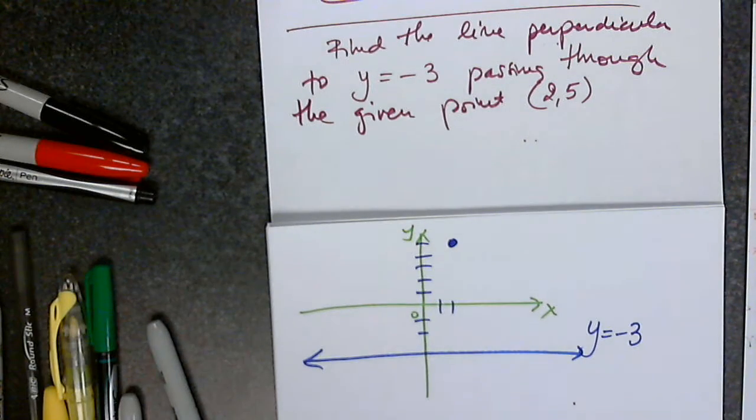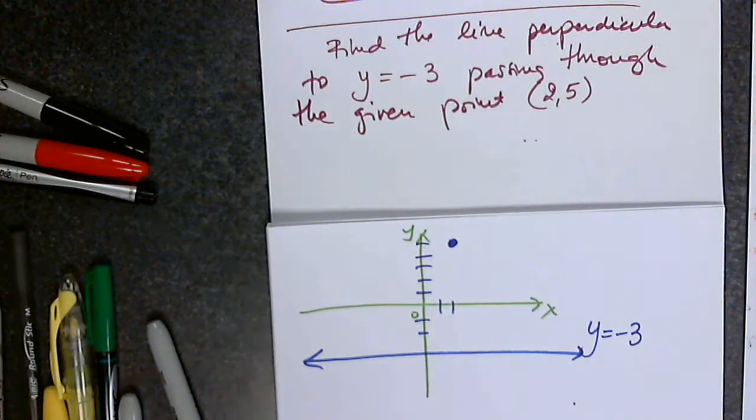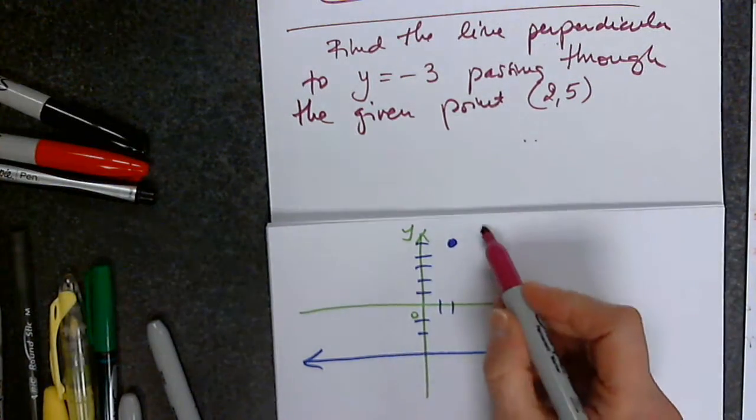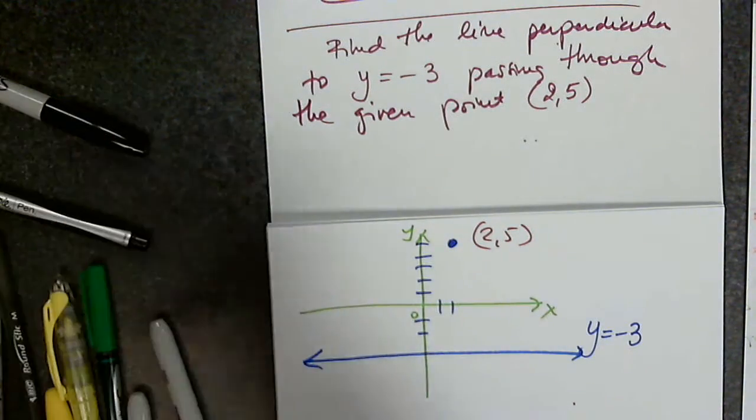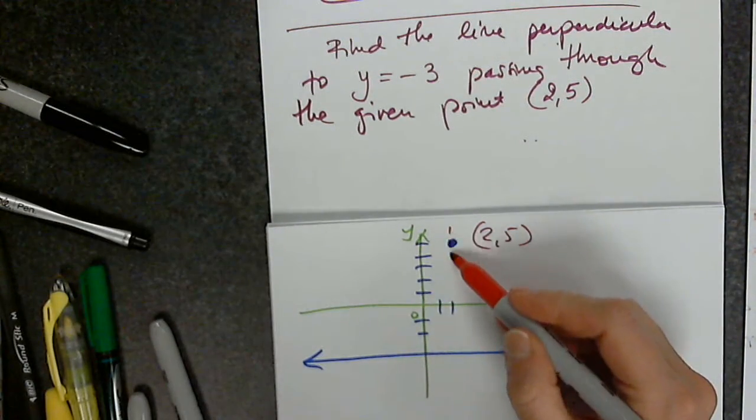I'm asked to find the equation of a line perpendicular to y equals -3 and passing through the point 2, 5. So if it's perpendicular, it has to look like this.